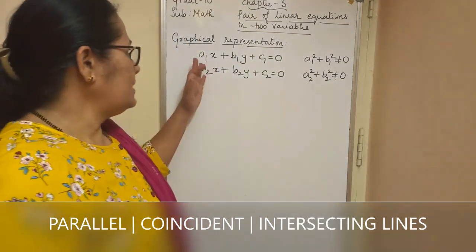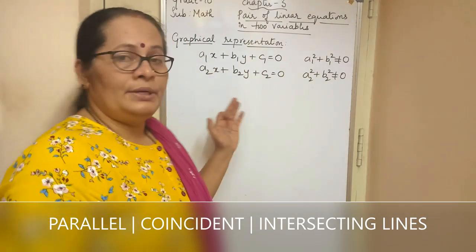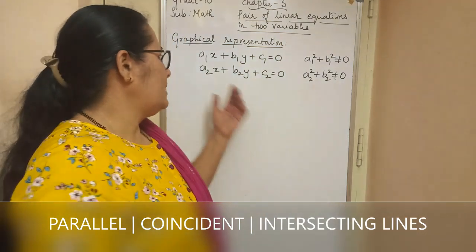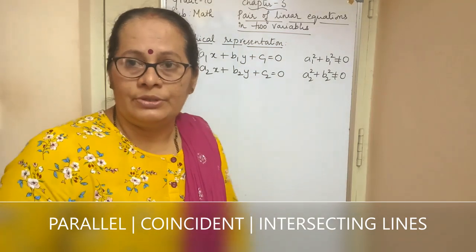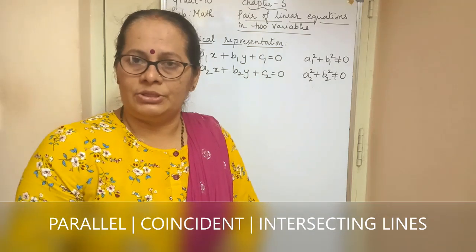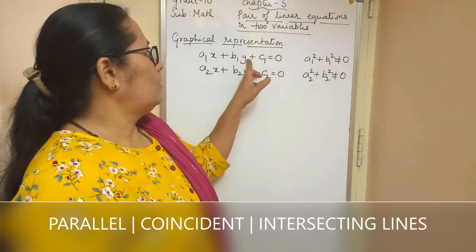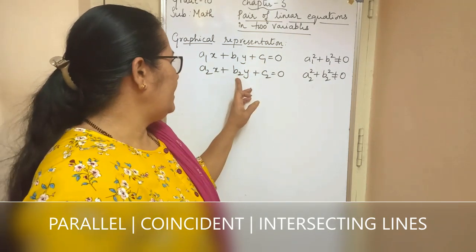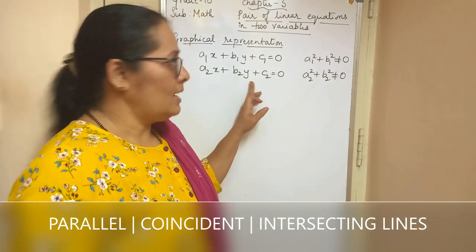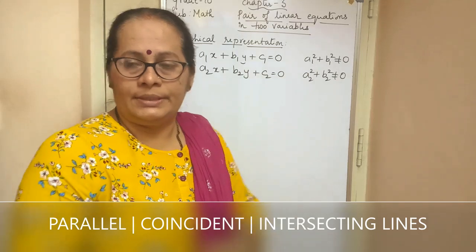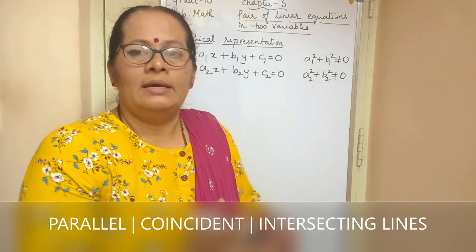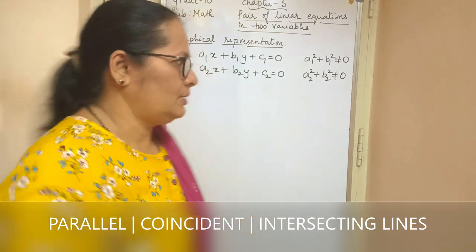Now, what are these a1, b1, c1, a2, b2, c2? a1 is the coefficient of x, and a2 is also the coefficient of x in the second equation. And b1 is the coefficient of y, c1 is the constant term, b2 is the coefficient of y, and c2 is the constant term. Now we take the ratios for this pair of equations.